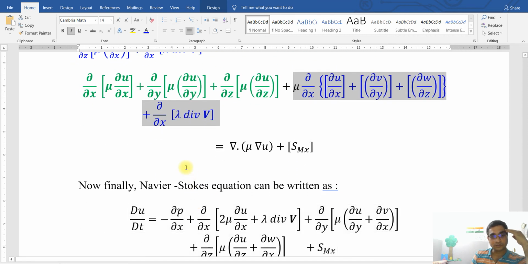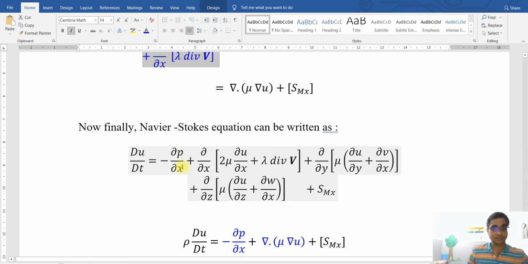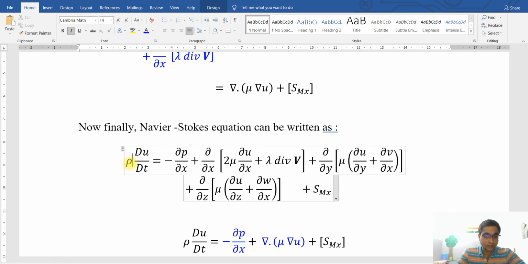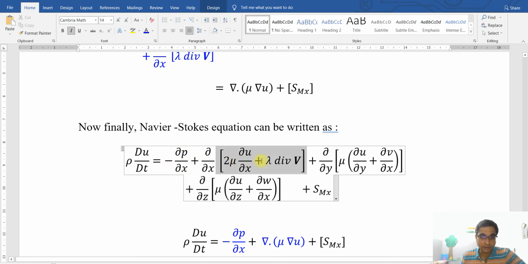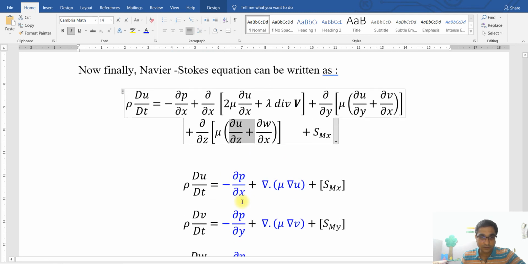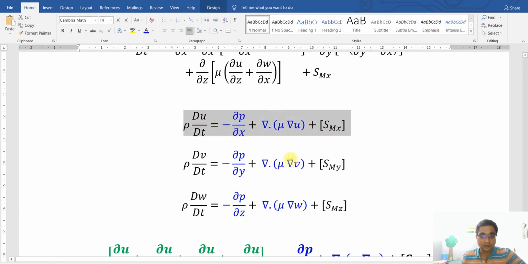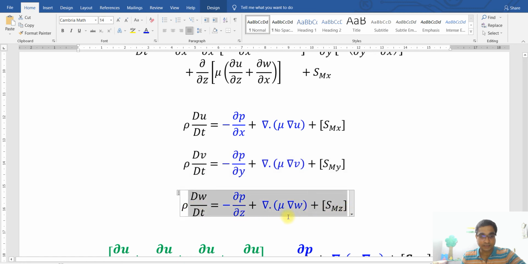So now the Navier-Stokes equation can be written as rho, then minus del p over del x plus putting all the shear stress terms, and now finally we have arrived at this equation. In a similar way we wrote it for all three dimensions, for the v direction also, for the z direction also.